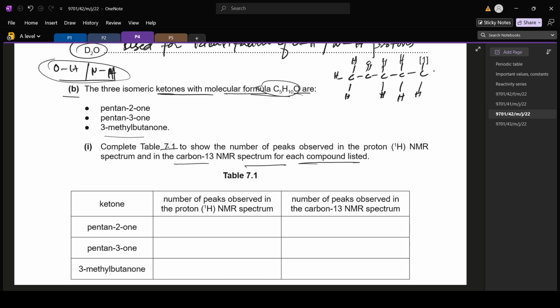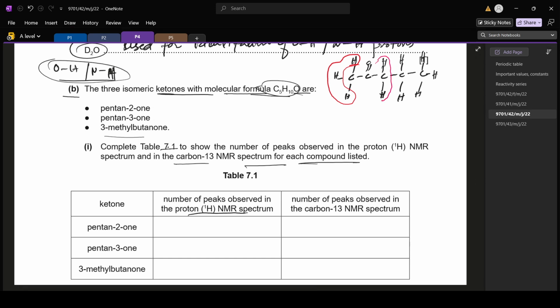Now you have to see the environment of hydrogen for the proton NMR spectrum, how many peaks will be given. If you see all these hydrogens, they have the same environment, right? Now let's move to these hydrogens.